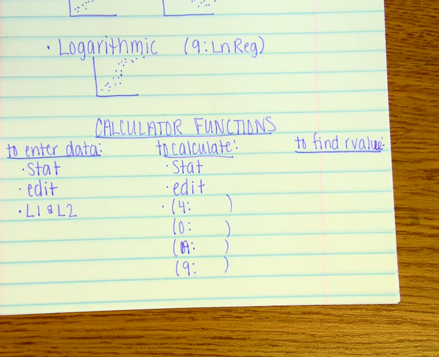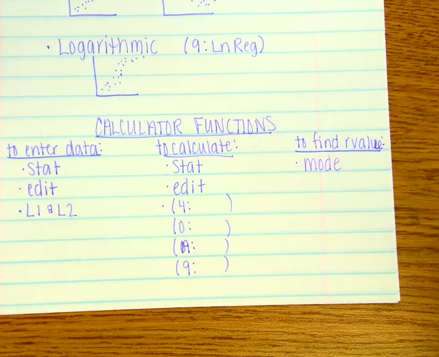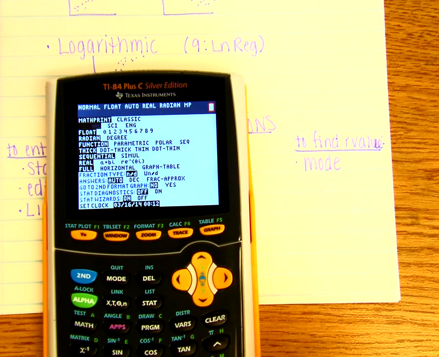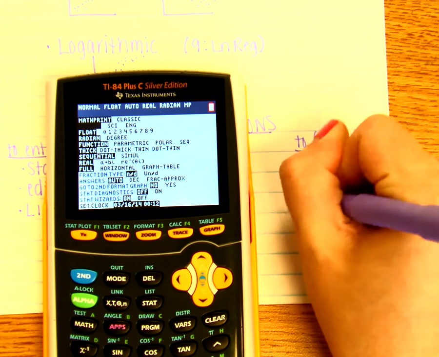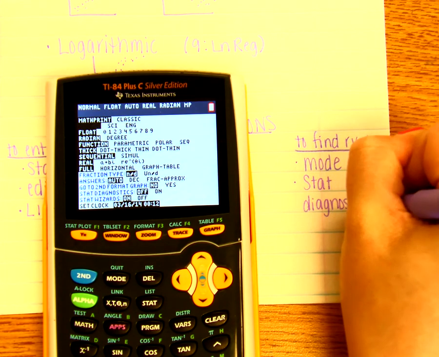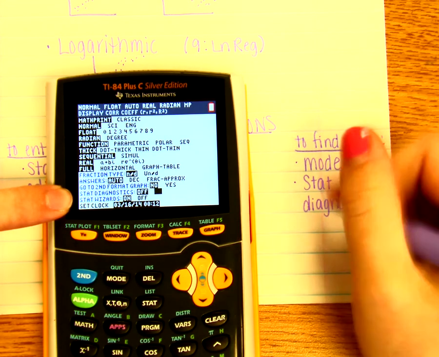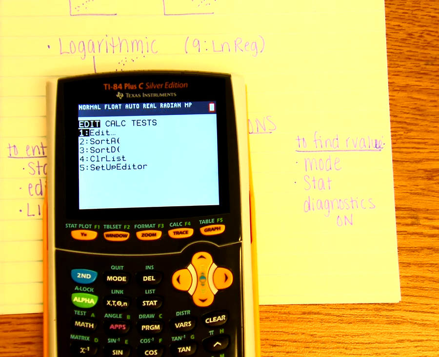So what I want you to do is press the mode button, and you could do this at the beginning, whenever you're getting your calculator, and you're going to go all the way down to where it says Stat Diagnostics. So if you scroll all the way down here to where it says Stat Diagnostics, you want to turn them so that they are on. And then once you turn them on, we can enter in some information here.